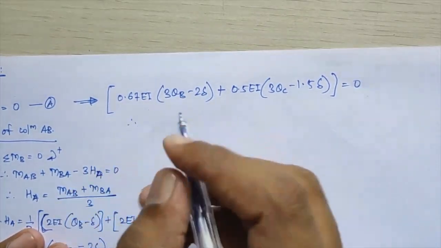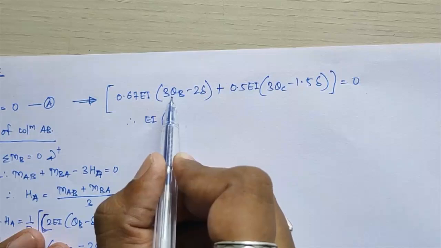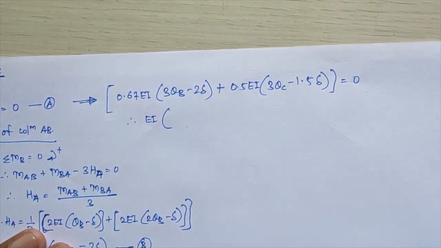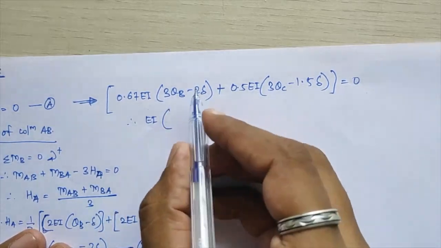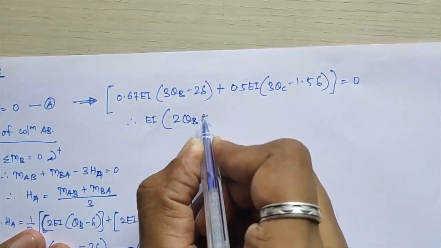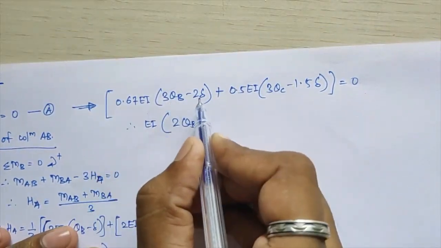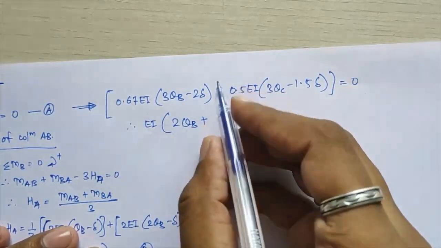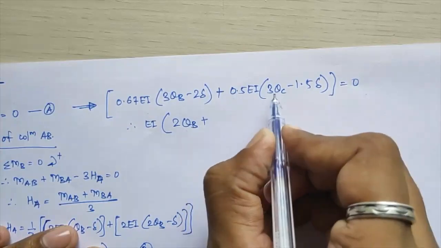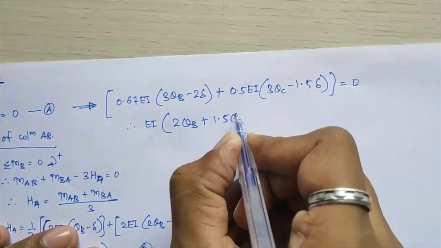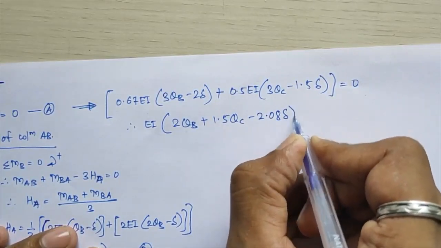To simplify this, I'll take EI common. So 0.67 into 3 times theta B comes to 2 times theta B. First I'll take the theta C term: 0.5 into 3 gives 1.5 times theta C. Now the delta term: 0.67 into 2 and 0.5 into 1.5 together give minus 2.08 times delta, is equal to 0.